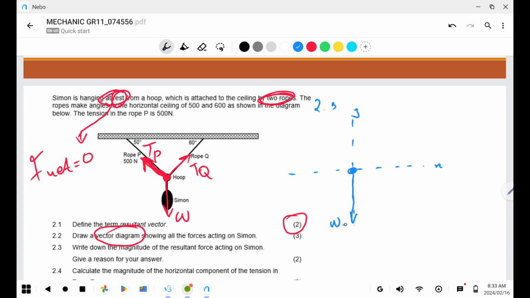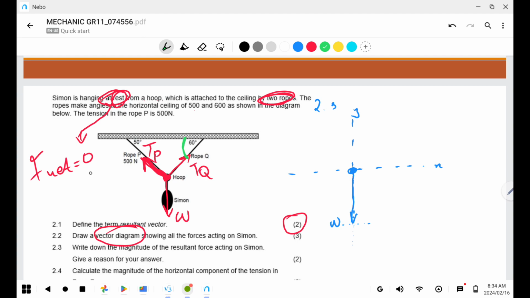Once I get to the tail of the weight, I can draw another Cartesian plane so that I can draw TQ. And there's something that I want us to bring to our attention. So we were given the angle between the horizontal line and the tension.